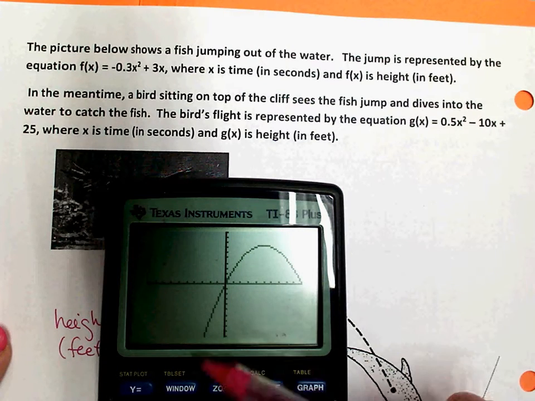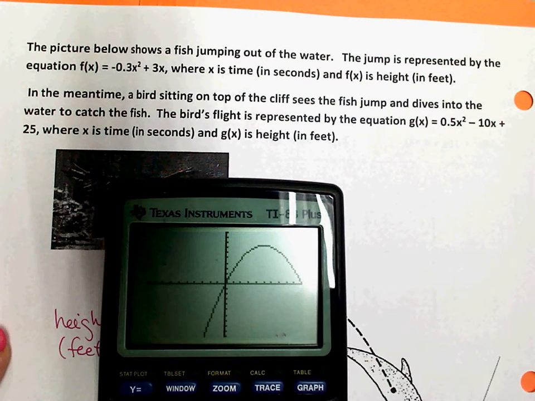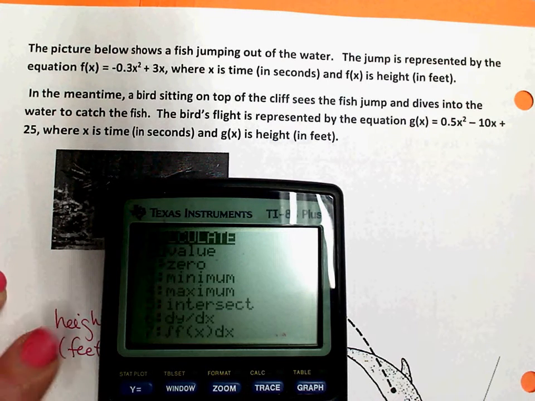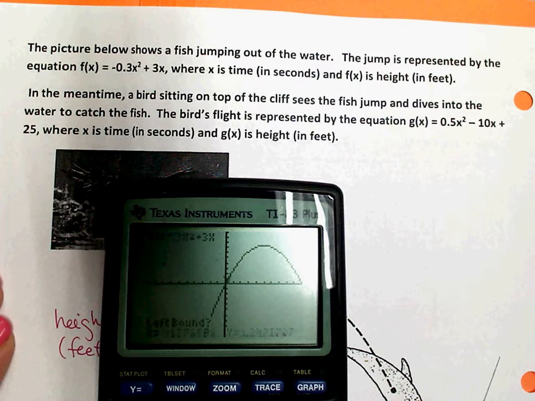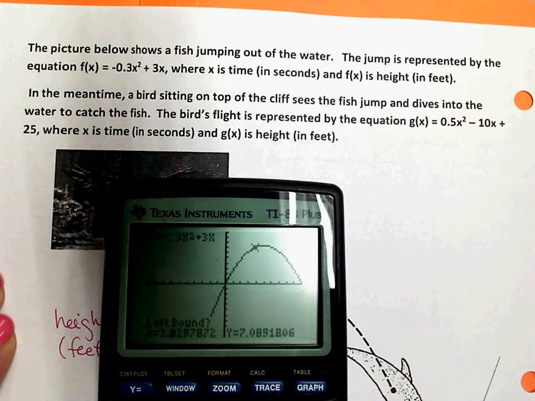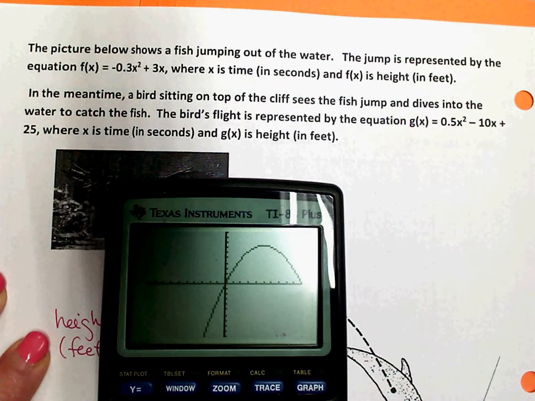Now you can see that the vertex is a maximum because it's the highest point on the graph. So I'm going to calculate the maximum, choice number 4. I'm going to set the left bound a little bit to the left of the vertex, and the right bound a little bit to the right of the vertex. And when it says guess, I'm going to hit enter one more time and see that the maximum is at 5, 7.5.